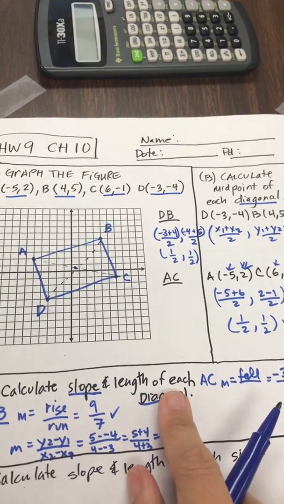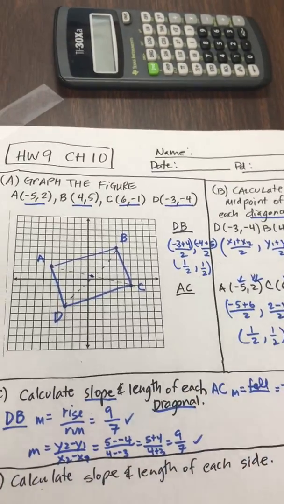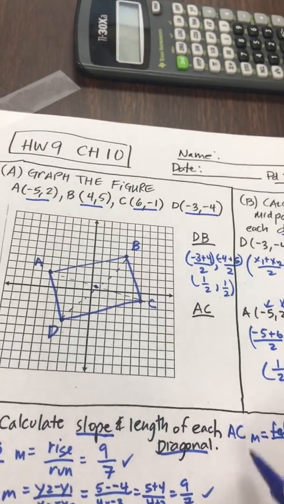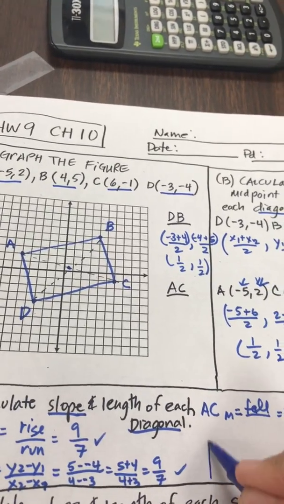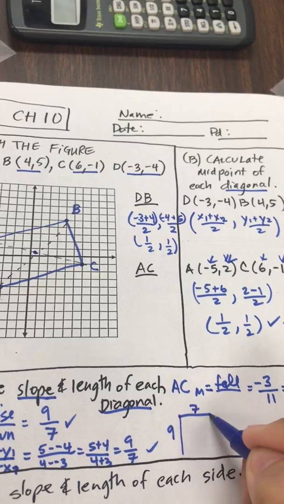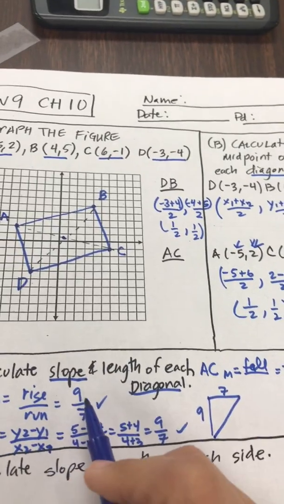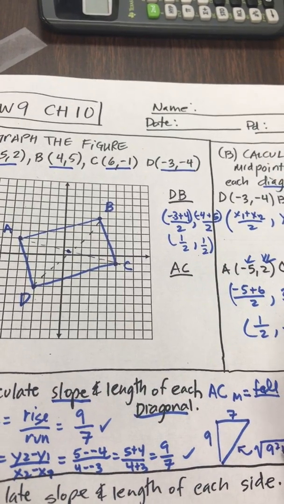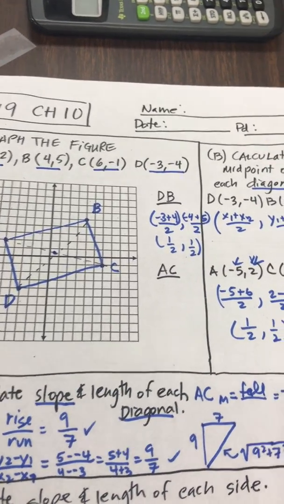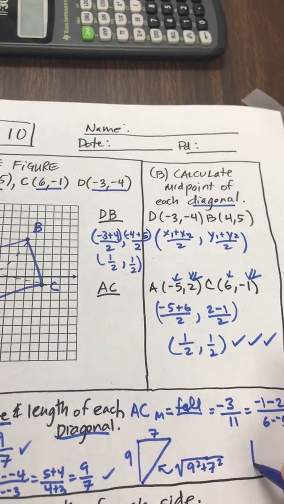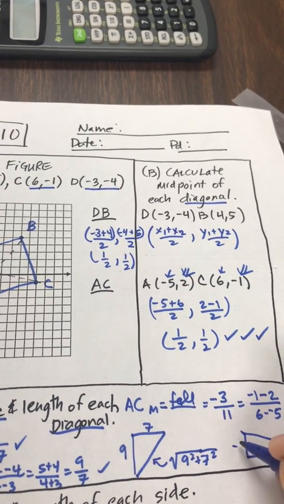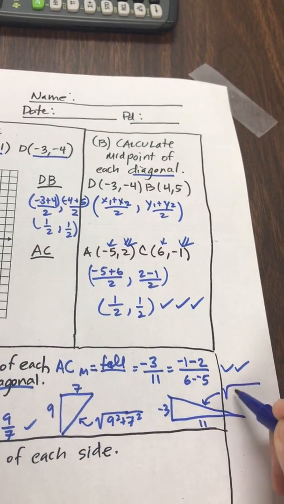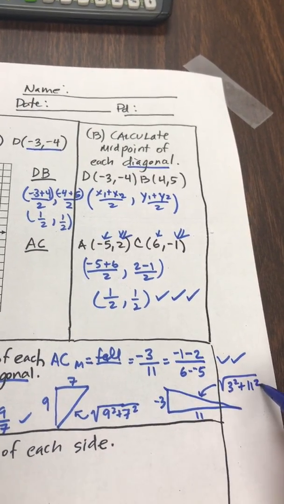Now the length. So that's interesting. I already calculated the slope, didn't I? I said that I rise 9, I run 7. So if I really did rise 9, run 7, the length should be the square root of 9 squared plus 7 squared. And if I really did fall 3 and run 11, this length should be the square root of 3 squared plus 11 squared.